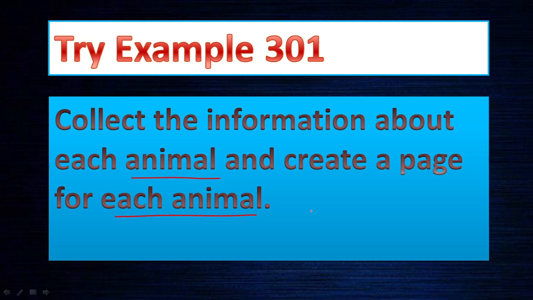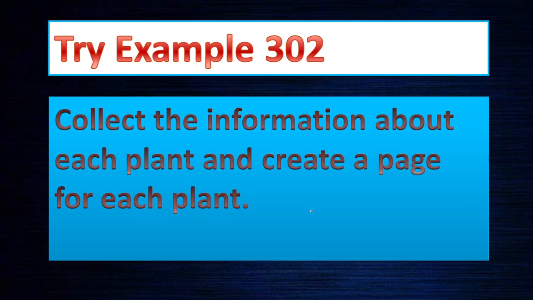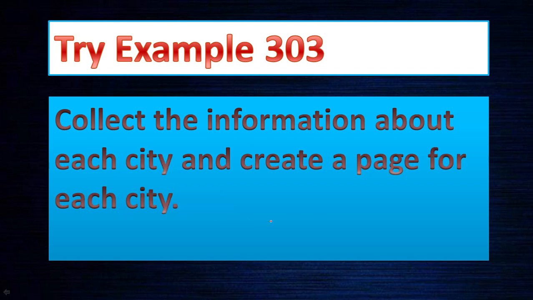Try it. In the same way, you can collect information about plants and make individual plant pages. Again, 5 to 10. The more you do, the more experience you get. Therefore, keep trying with more examples.